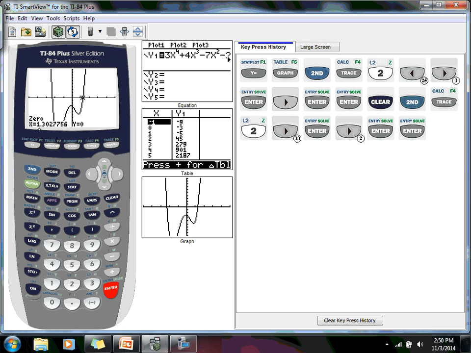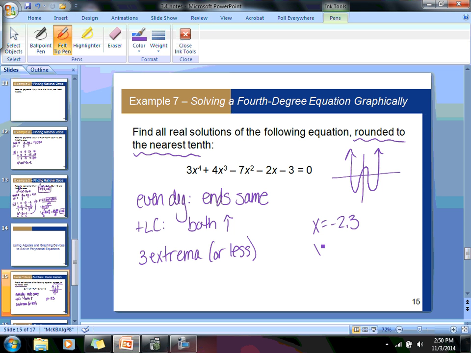And again, at the bottom of the screen, the calculator will tell you it's at 1.3. And notice that the y value is going to be 0. Okay, so that's what you have to have on the x-axis. You have to have a y value of 0, so that makes sense. So 1.3 is going to be my other value. So -2.3 and then 1.3 are my two solutions to that big polynomial.